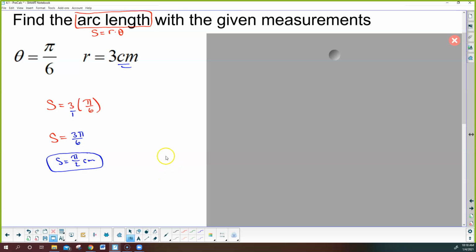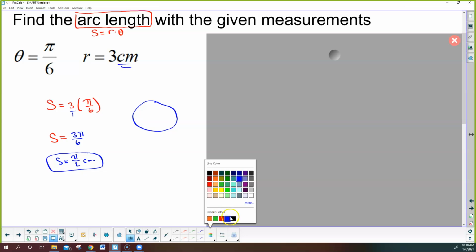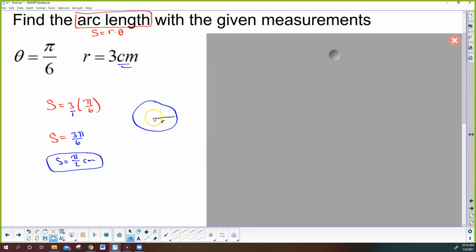Quick visualization, what did we just do? Okay, you don't have to draw this picture, but let's say I have a circle and I have a radius of 3. Well, what did we do? We found an angle measure here where we have both radii, and then here's theta. That's pi over 6, which is pi is 180. 180 divided by 6 is really 30, so this is like a 30-degree angle right here.